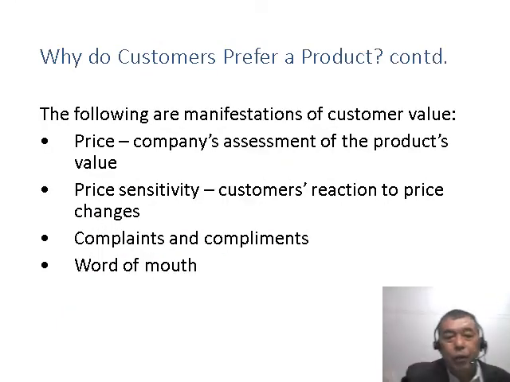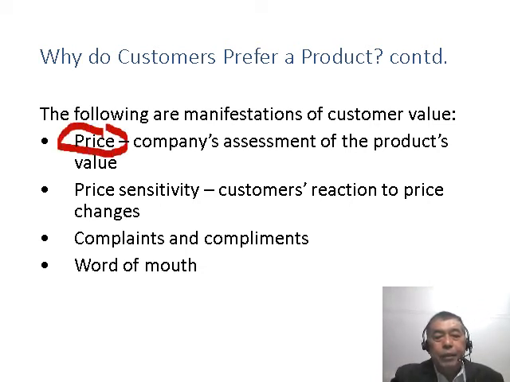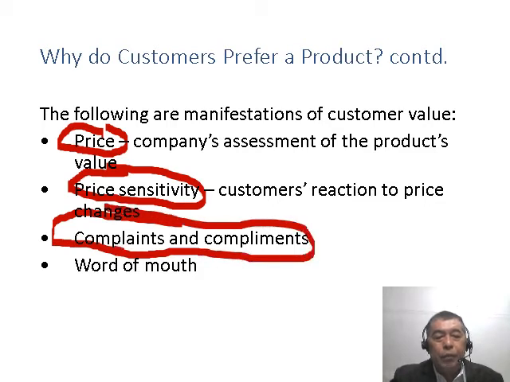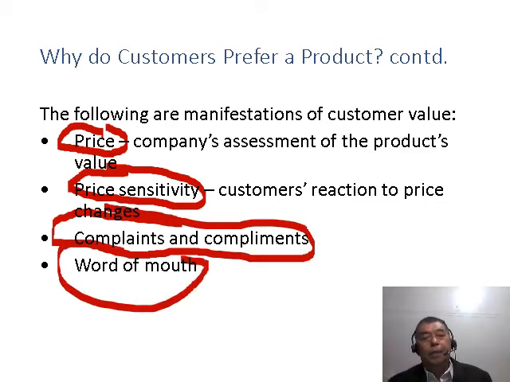Another reason why customers prefer a product is, number one, price sensitivity, customer complaints and compliments, and word of mouth. When it comes to price, it is the company's assessment of the product value. In order to understand the impact of price sensitivity and customer complaints, you have to really analyze your customer. This is what the product manager needs to do.